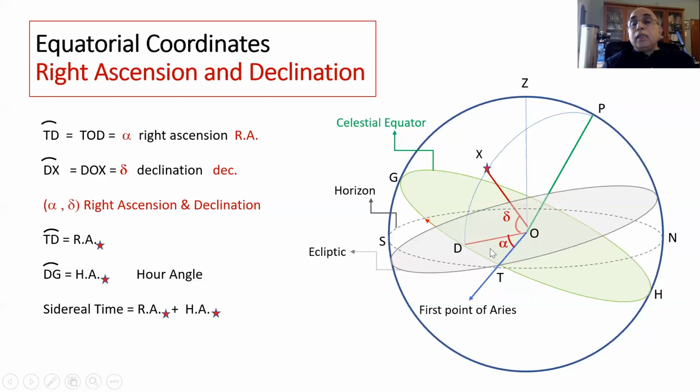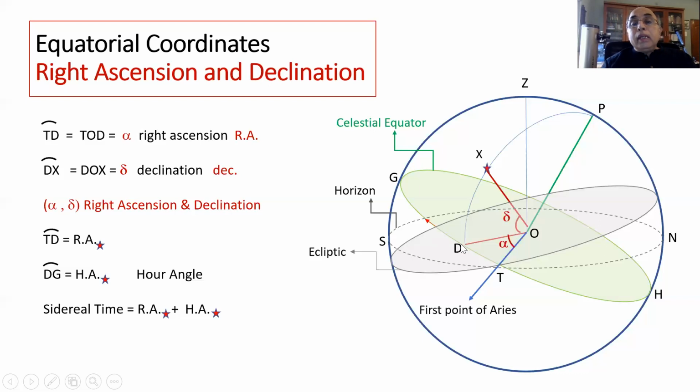So we can write in terms of these angles or these arc lengths. So right ascension we can say is TOD or the arc TD as mentioned here. Similarly, the arc length DX gives you the declination or the angle DOX, which is the declination.